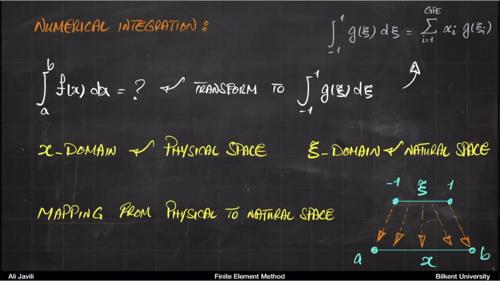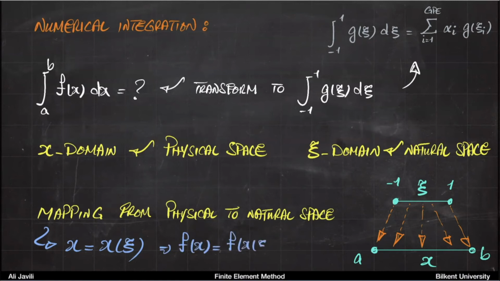So what does that mean? That means you want to find X as a function of Xi. And if you have this, remember in the integral you have f of x. So if you had x as a function of Xi, then f of x would be f of x of Xi, and that would be your g of Xi.